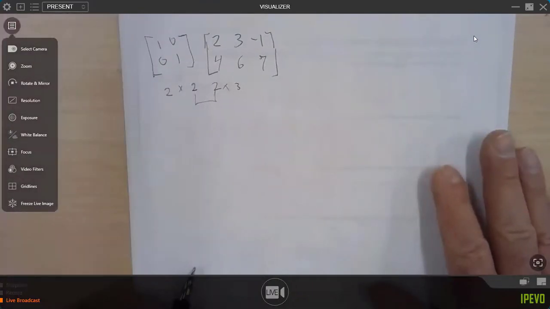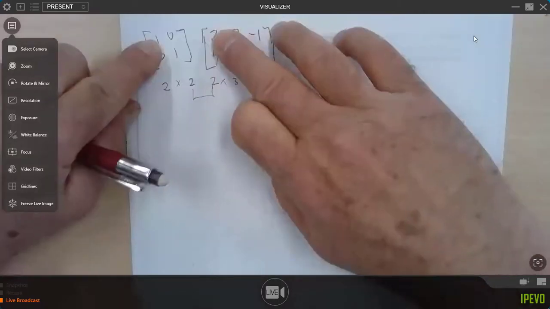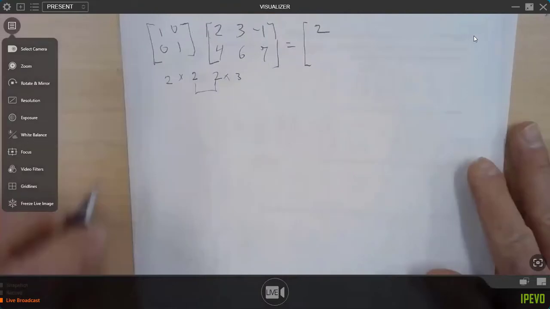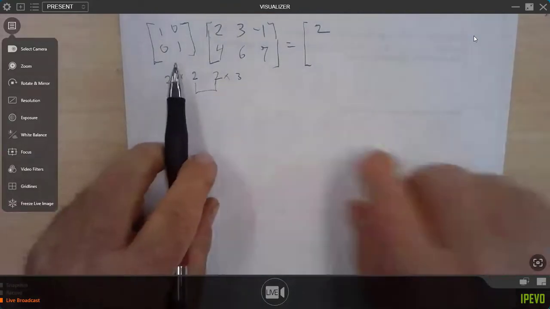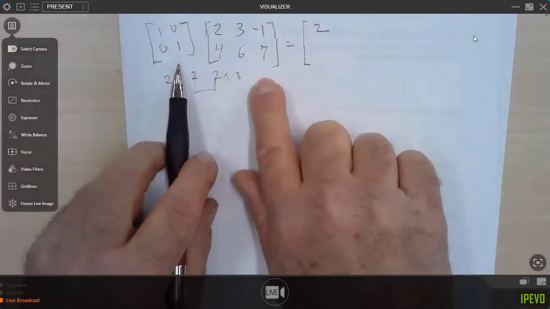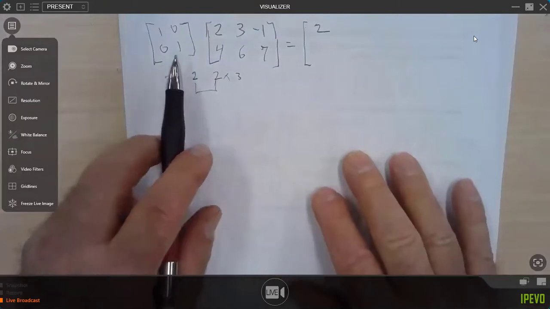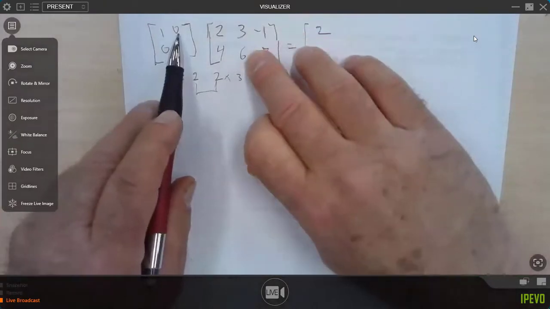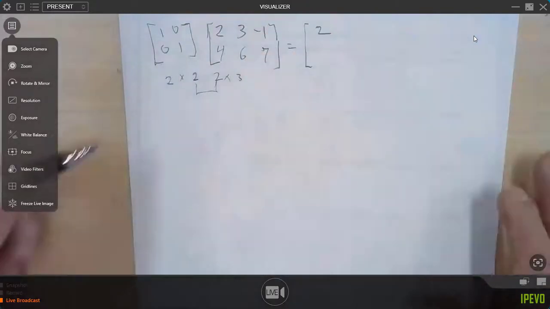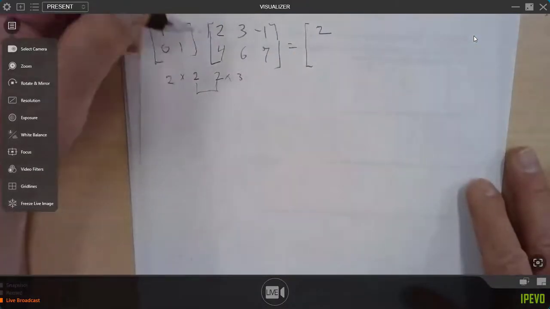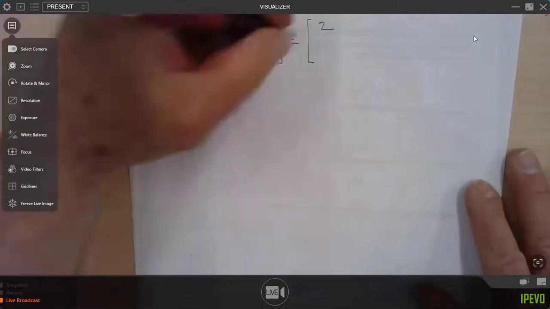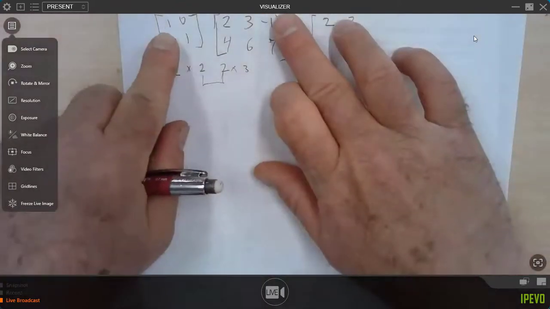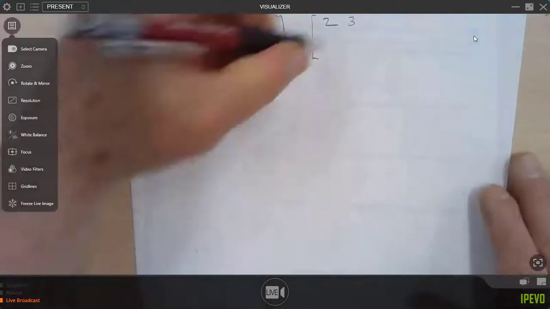If I take this times this, I'll get 2 plus 0, first entry, 2. Then if I take this column, I'll take 1 times 1 plus 0, 1 times 3 plus 0, and finally minus 1 plus 0.